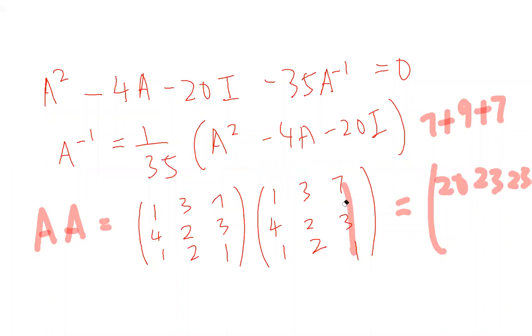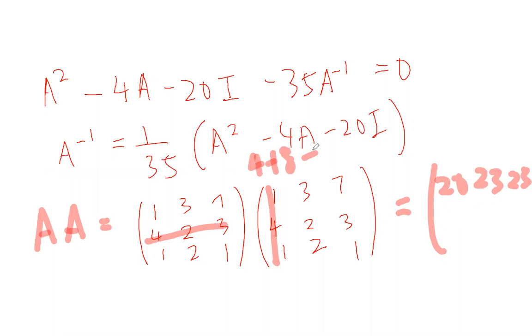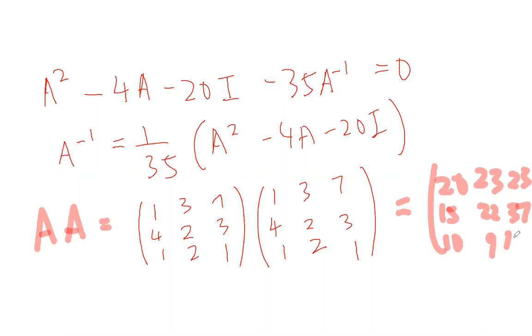And then we can continue to find the second row, first column element. 4 plus 8 plus 3, which is 12 plus 3 is 15. And so forth. Then you can continue the steps and in the end, for A times A, we got 22, 37, 10, 9, and 14.